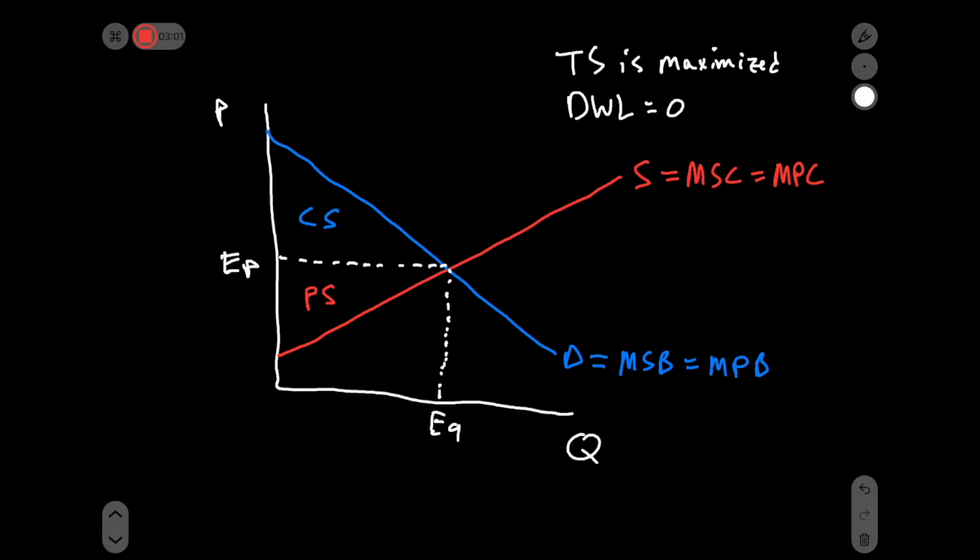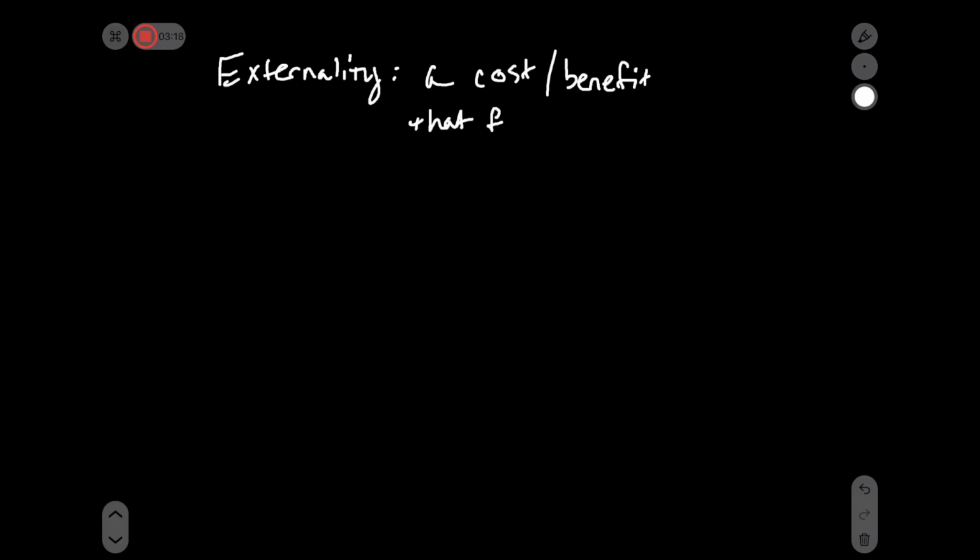And what is an externality? An externality is essentially a cost or a benefit that falls on some third party, or we could say on a bystander.